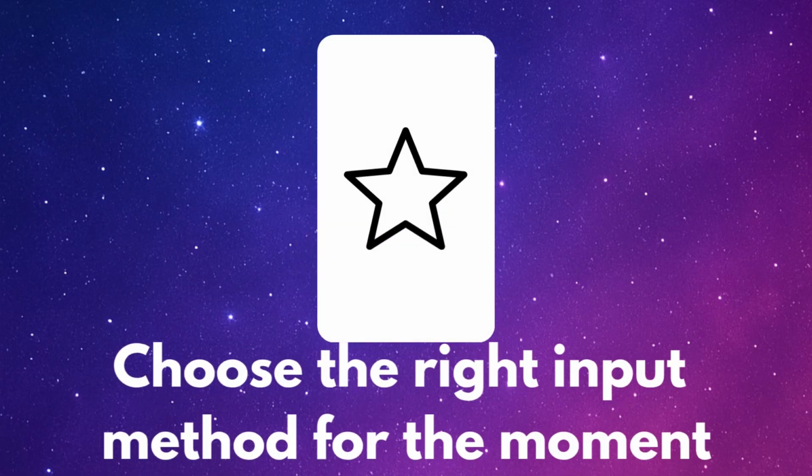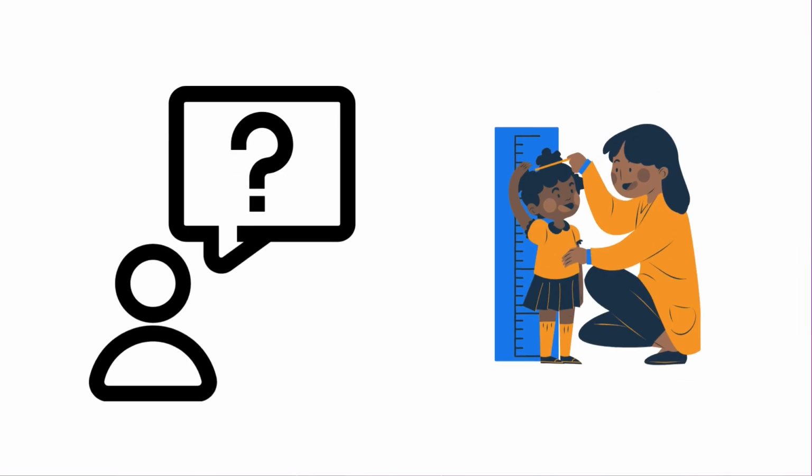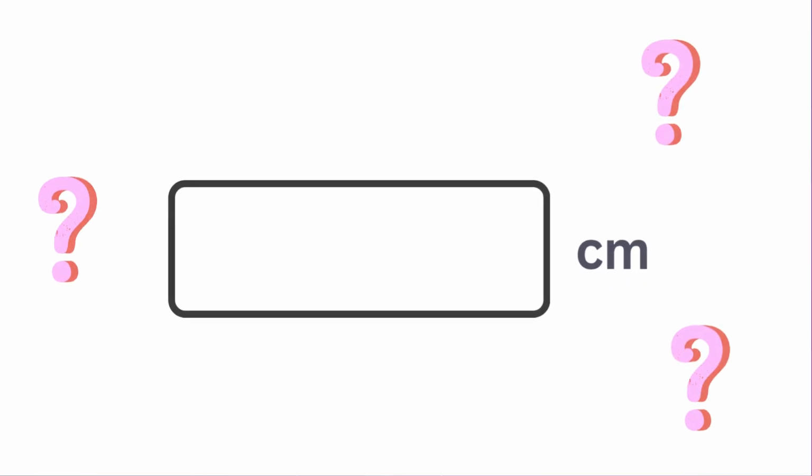Finally, tip 5. Choose the right input method for the moment. Input methods should not be treated the same because they might make users use a lot of effort. If you ask them, for example, their height, you don't want a text bar where they'll have to type out their exact height.